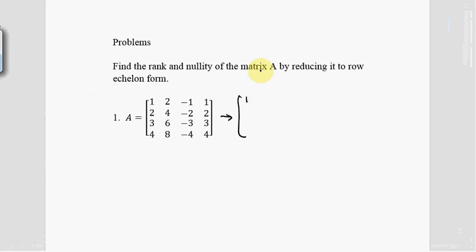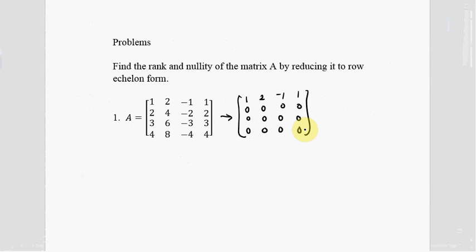This is 1, 0, 0, 0. This is 2, 0, 0, 0. Negative 1, 0, 0, 0. 1, 0, 0, 0.